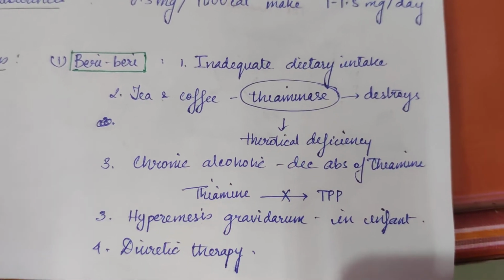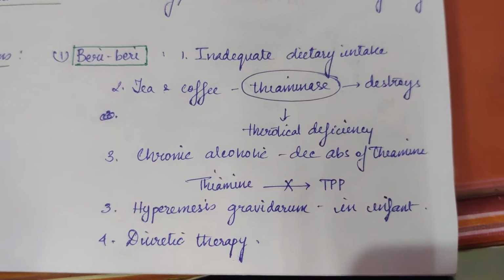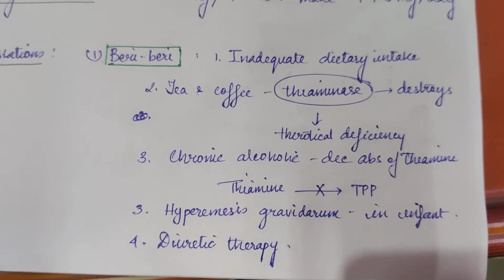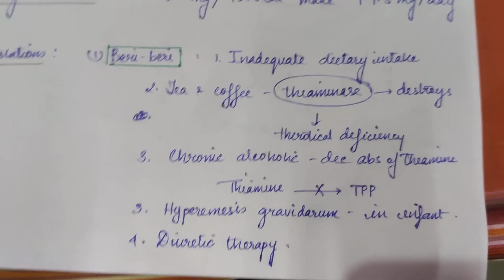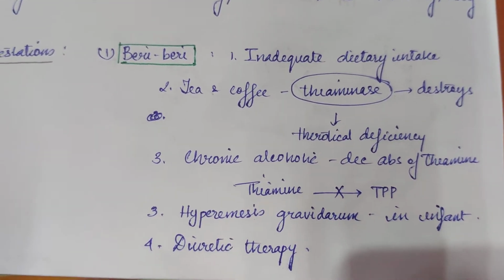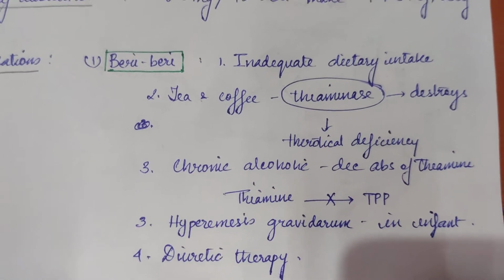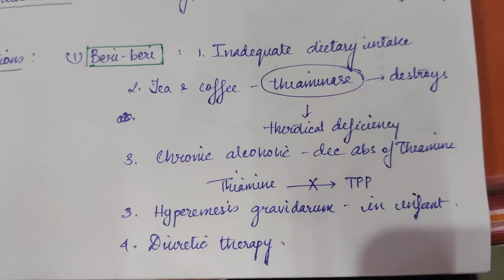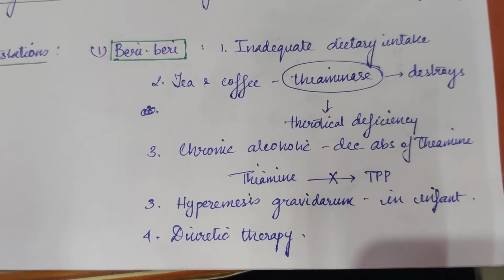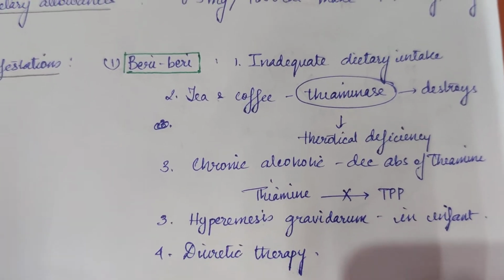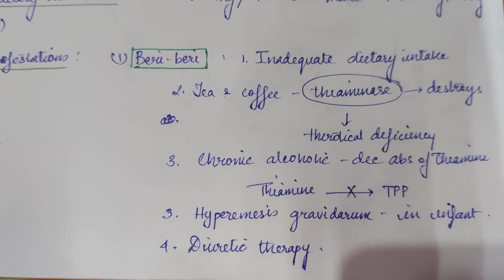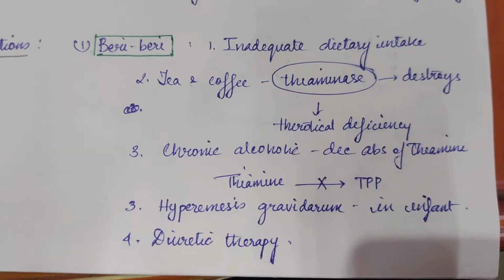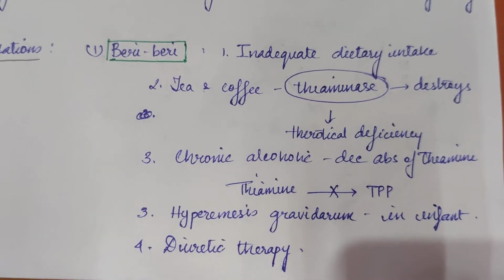If we take too much tea and coffee, they contain thiaminase, which destroys thiamine and causes deficiency. Next, chronic alcoholism: in a chronic alcoholic, decreased absorption of thiamine occurs, and if there is no thiamine, there is no production of TPP.